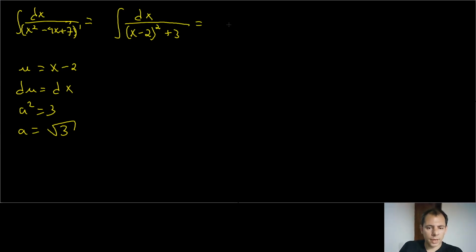So let's put this in the right format. You have a du, because du is just going to be 1 dx. So I have a du there, divided by u squared plus a squared.